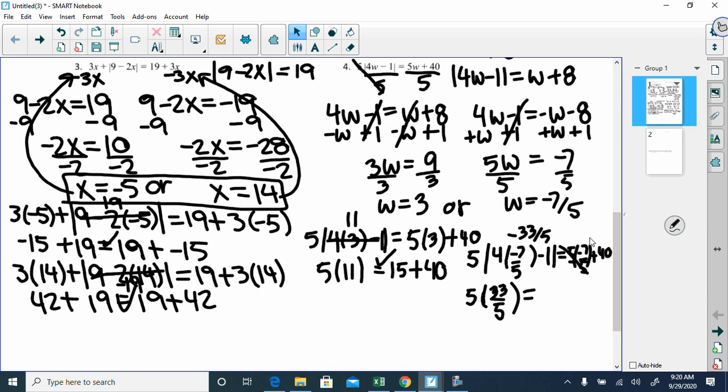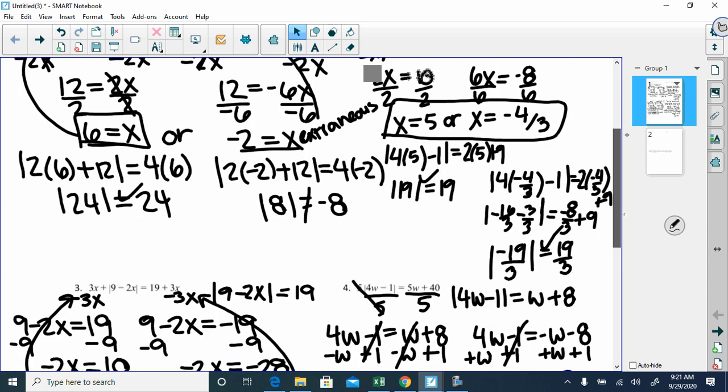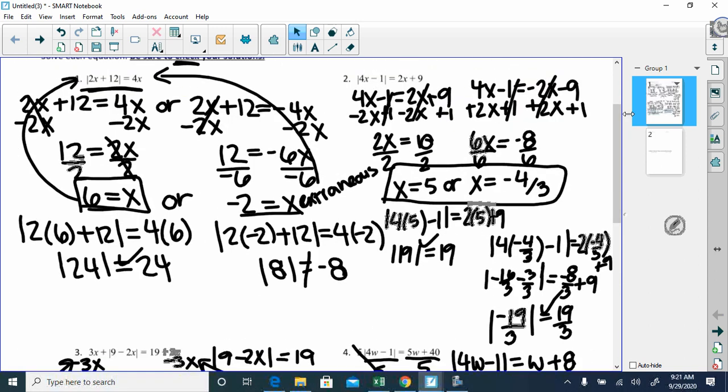So I would have negative 7 plus 40. Well, over here I can also cross out the 5's. So that gives me 33. And what is negative 7 plus 40? 33. So this one worked as well. So these were my two solutions. So they're either both going to work, both not going to work, or it could be something like number 1 where one worked and then you would label the other extraneous. Alright?